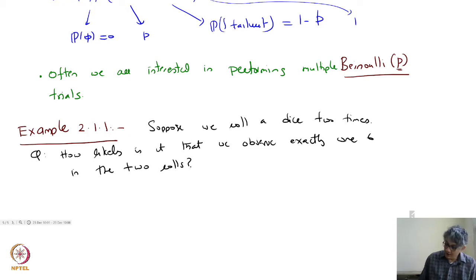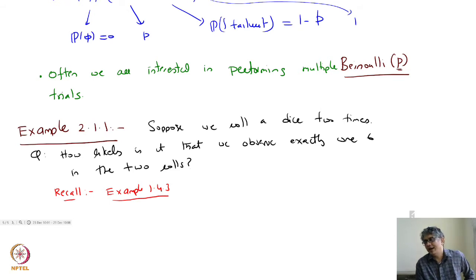So this, I don't know if you recall. We did the example before, a long time back. So let's say we recall, in example, I think it was 1.4.3. So there, what I did, I said, okay, I have a roll of a die 2 times.